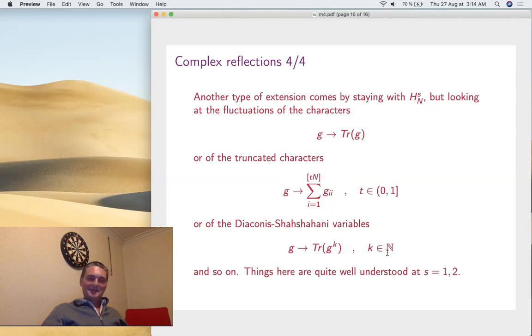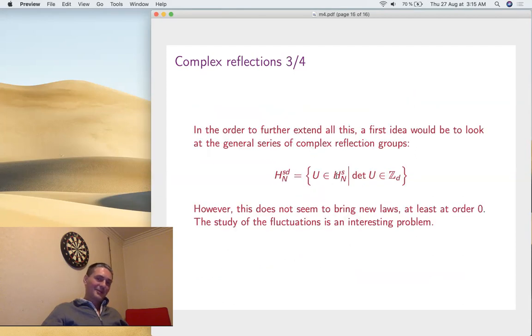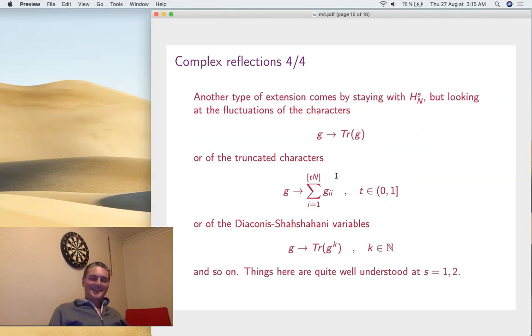And once again, it's a bit folklore. These are well understood for the symmetric group, of course, and for the hyperoctahedral group. These things have been worked out, but in general, not really, and especially the fluctuations. So there's still research going on. So this combined with this, that's somehow what research in the area is about.